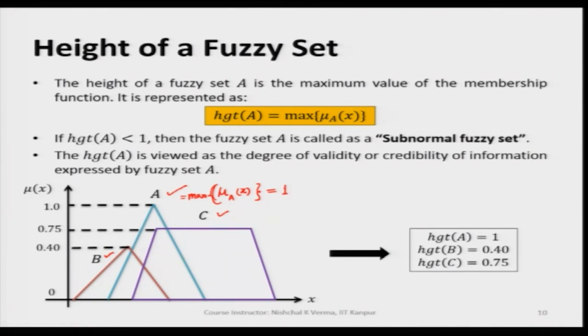Similarly, the height of fuzzy set B will be 0.4, because if we take all the corresponding membership values and take the max of these, we will get 0.4.